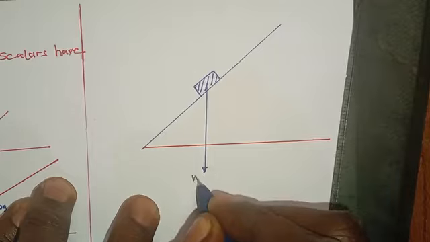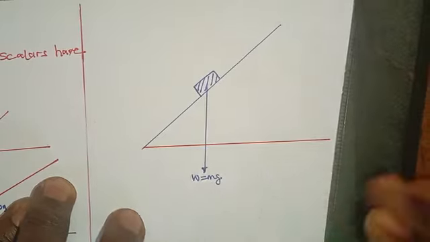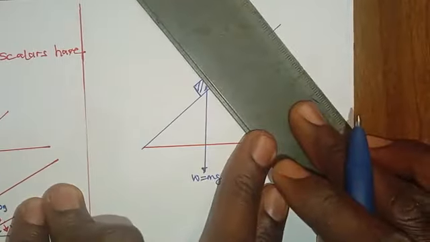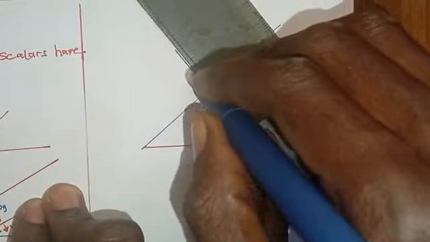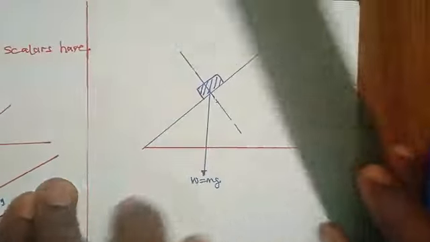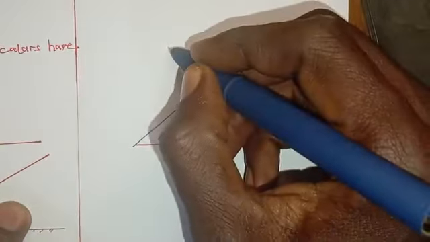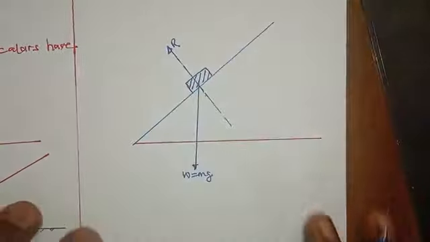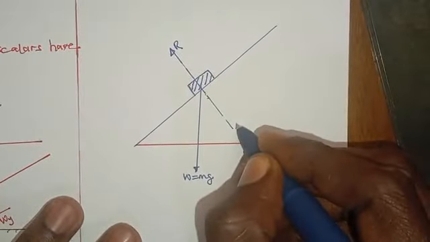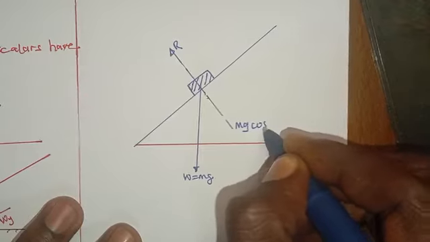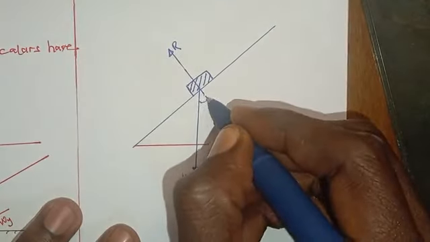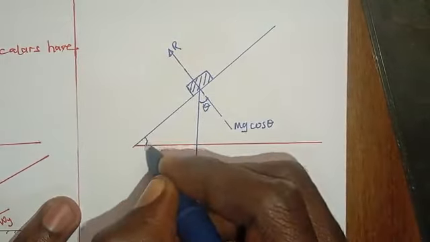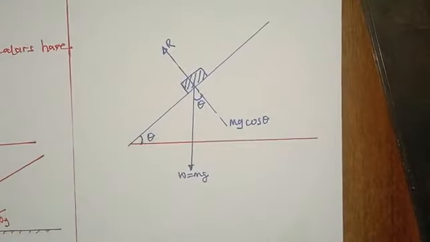You can write W equal to mg. Good. Then draw this perpendicular, which is the normal reaction. Am I communicating? Let this be the normal reaction R, and make this mg cos theta, and put here theta, as this place is also theta. As simple as that.